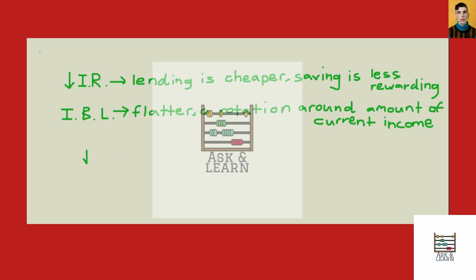Actually, I'll write it in a different color because it's the second part. It's going to cause a decrease in saving, most likely. And with the decrease in saving, there's going to be an increase in current consumption. Most likely.